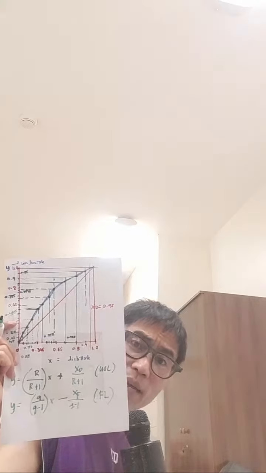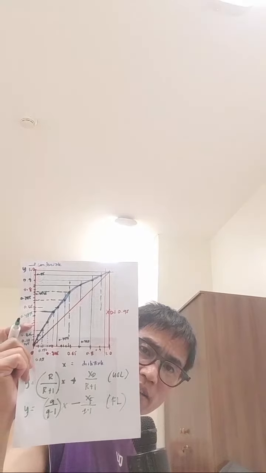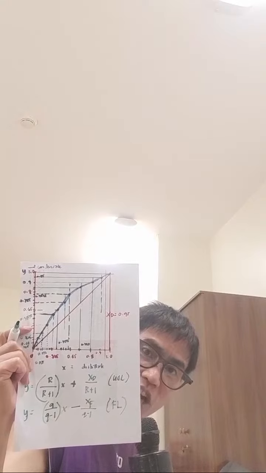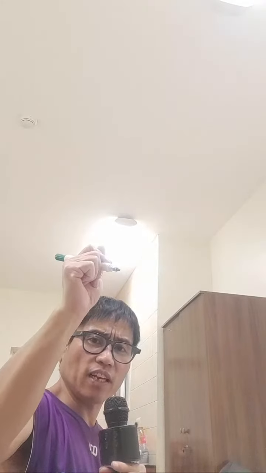The purpose of the bottom operating line is to intercept the UOL and FL, so that we can have the number of trays as we connect horizontally and vertically.